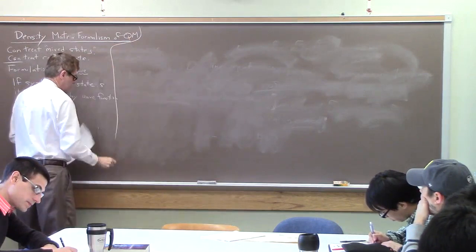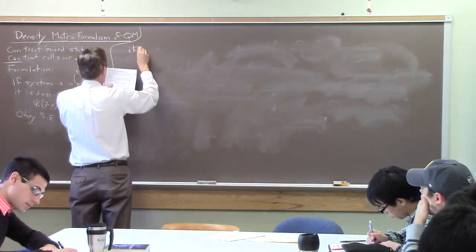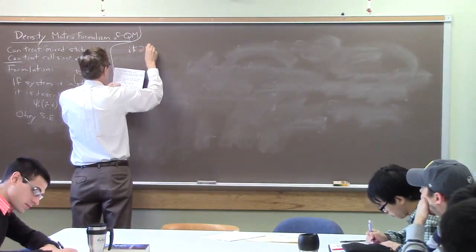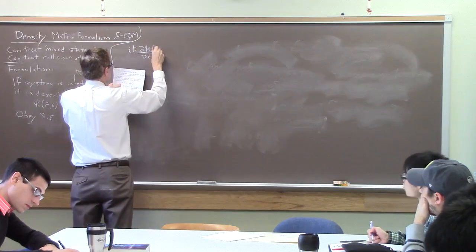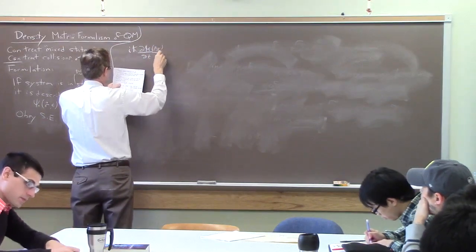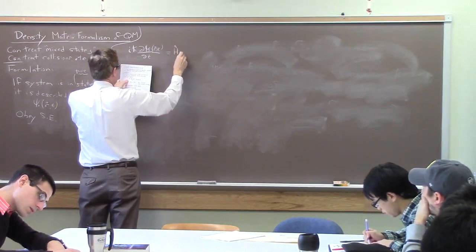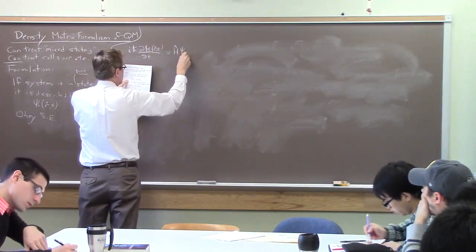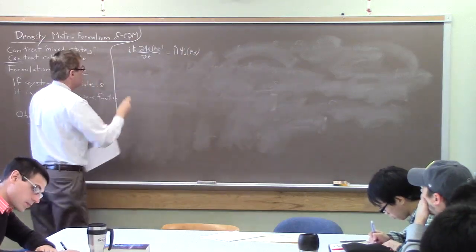The Schrodinger equation, i h-bar partial psi_S with respect to t, let's put in the functional dependence, is equal to the Hamiltonian operating on psi_S(r,t).